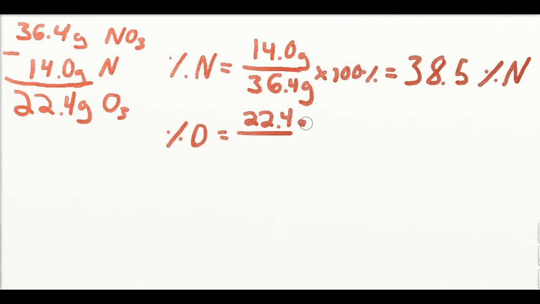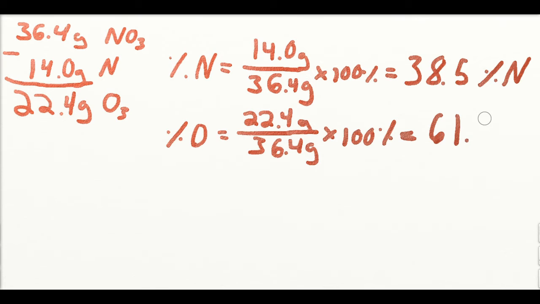Remember, that O3 portion doesn't really matter because you are already given grams. So you will be dealing only with grams. You're not going to be using the periodic table for this. So the answer is going to be 22.4 divided by 36.4 times 100, which should give you 61.5% of oxygen.